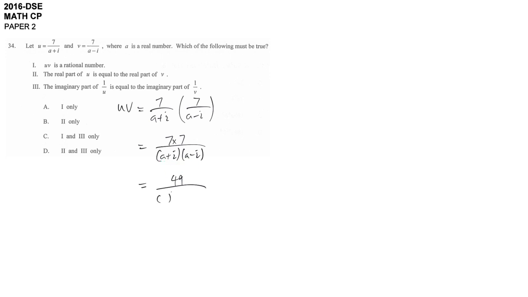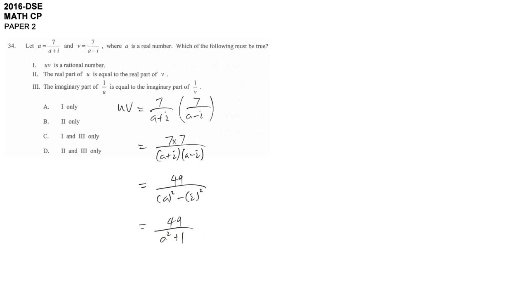It gives you something squared minus something squared, which is A squared and I squared. But I squared means -1, so we have A squared plus 1 here. In this term there is no imaginary part. We have no I in this expression.